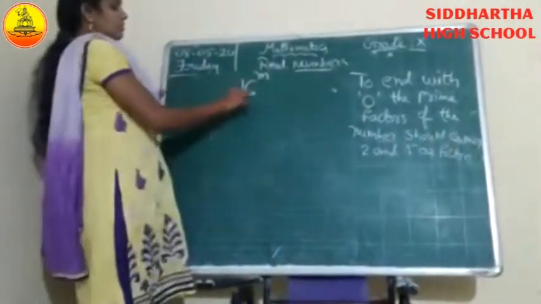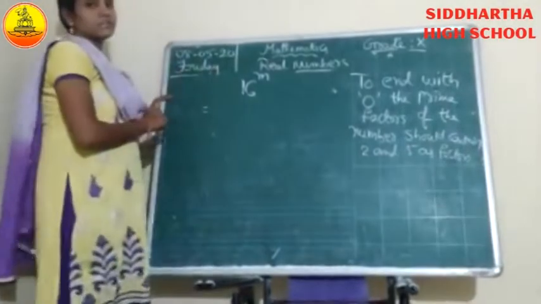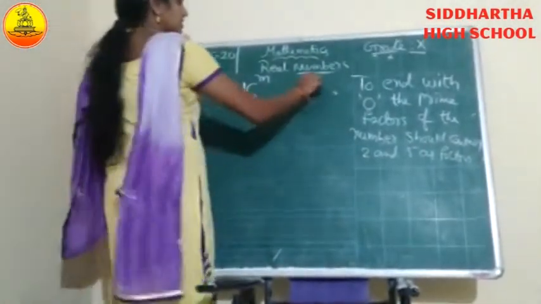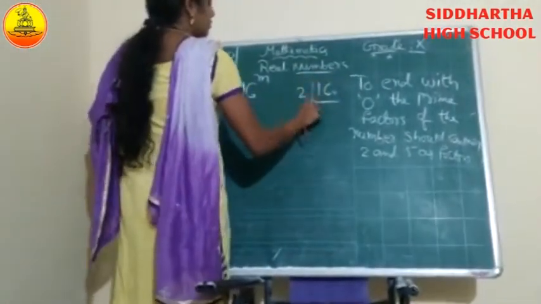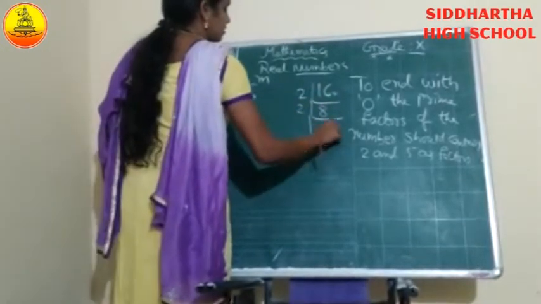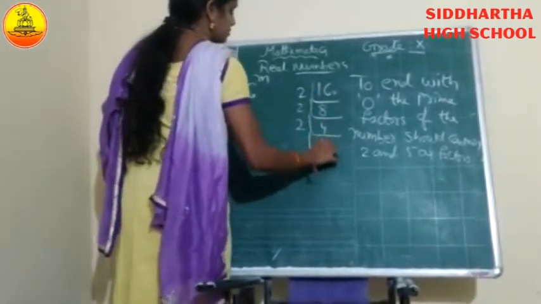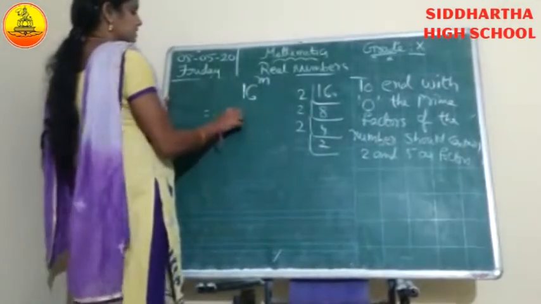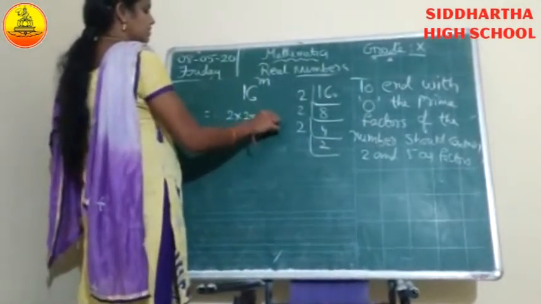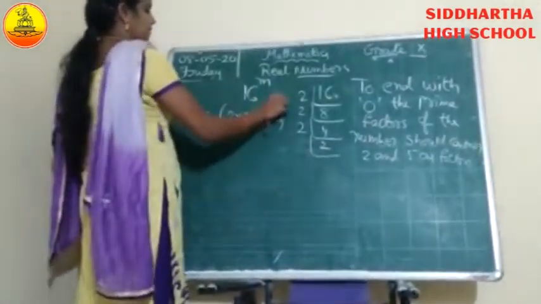So first of all, you have to do the prime factorization of the number. 16: 2 eights are 16, 2 fours are 8, 2 twos are 4. So 16 can be written as (2 into 2 into 2 into 2) whole power m.